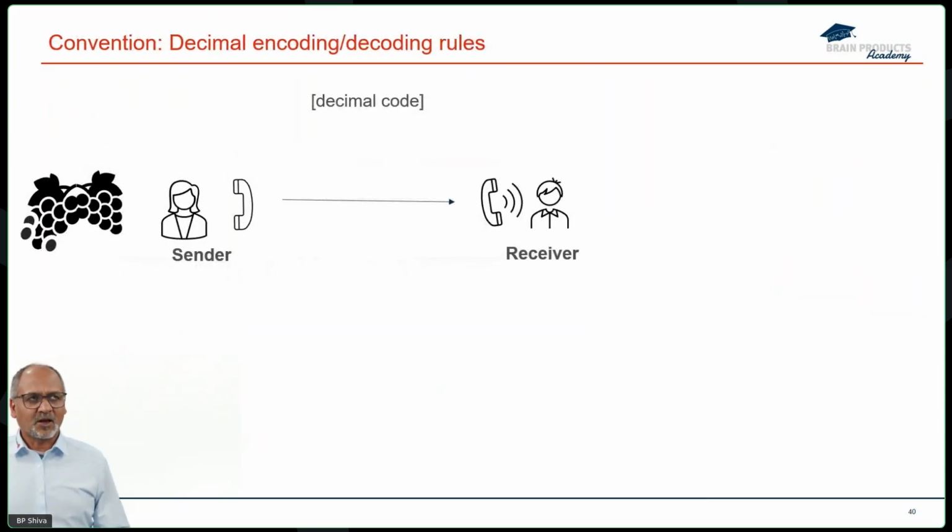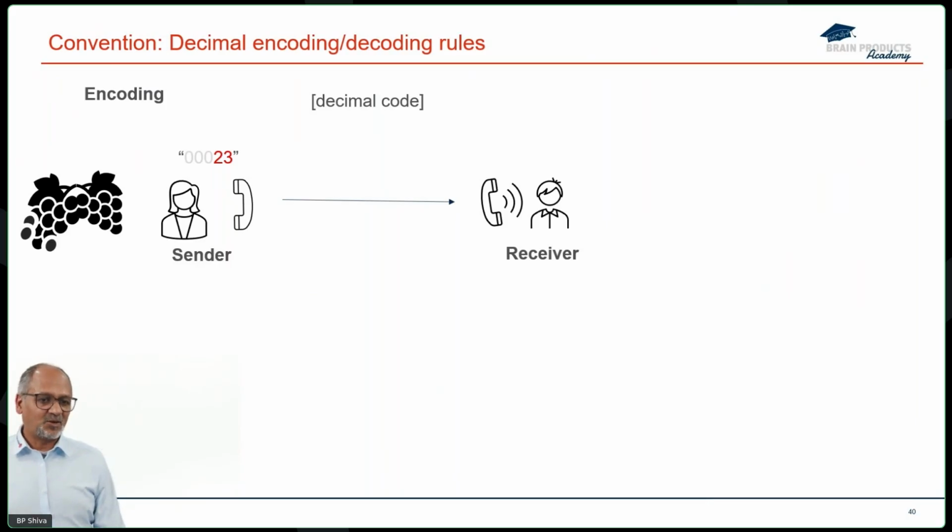And this is also very crucial, and the concept that I will spend some time on is that it is crucial to define good rules to make your life easy. So let's consider this scenario where the sender and receiver have to communicate information. The sender has to communicate how many grapes there are to the receiver in decimal code, and they can count the number of grapes and say 23, as you would in a typical decimal format.